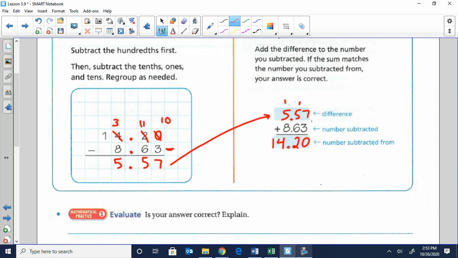Decimal point comes straight down, and it gives us the number that we started with, which is 14 20 hundredths, or if we get rid of the 0, 14 2/10. So you can always check subtraction by adding the number that you subtracted and your difference, and it will always give you your original number that you started with.